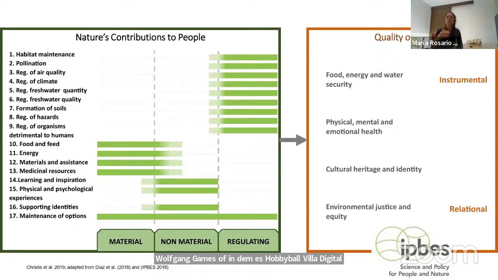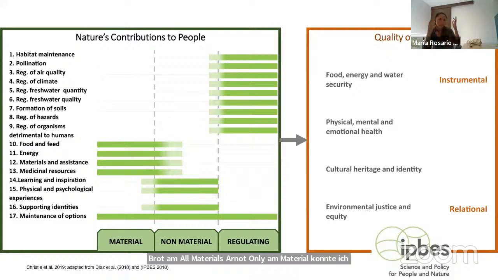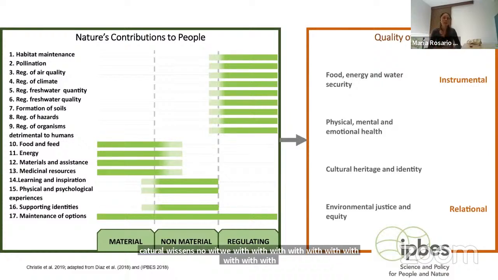Also, the classification I gave initially of provisioning, cultural and regulating services is shown in a much more fluid way in these recent studies. Aspects such as food or materials are not only a material contribution to people, what could be a provisioning service, but sometimes these goods are collected for cultural or spiritual reasons, as a present, so more as a non-material contribution to people.